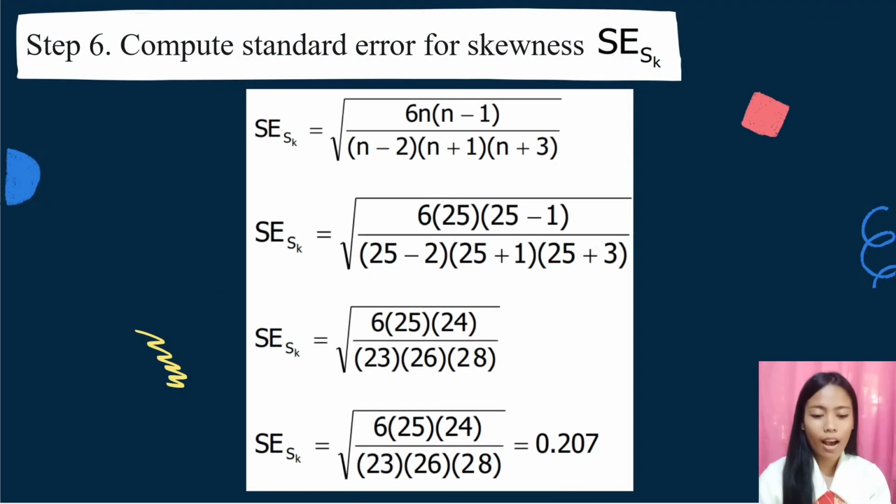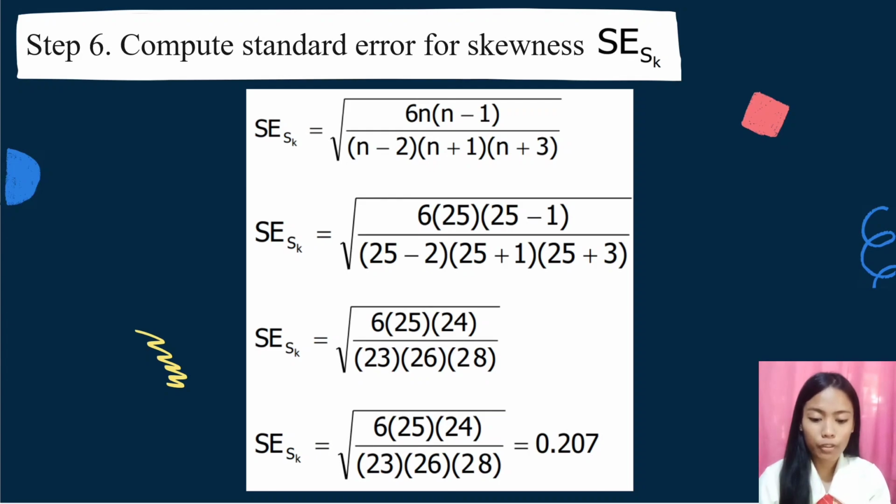Step 6. Compute standard error of skewness. Standard error is equal to the square root of 6 multiplied by n times n minus 1 divided by n minus 2 times n plus 1 times n plus 3.